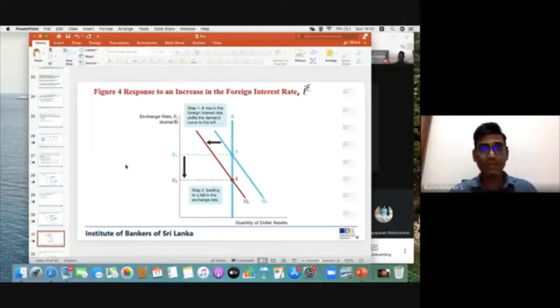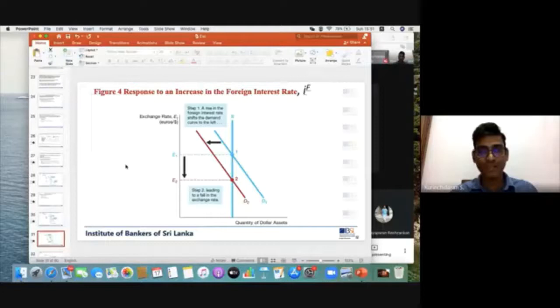For this graph, what I'm saying is they are moving from USD to euro. So USD demand now will decline. Demand for US dollars will decline because everybody wants to have their investment in euro, because we said earlier the demand depends on expected return.